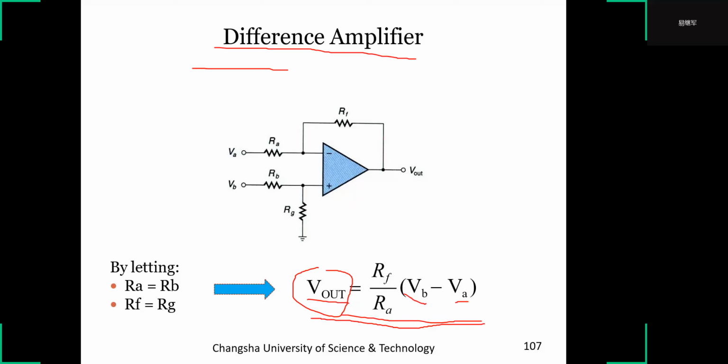So if you give the same signal to VA and to VB, there is no output. When the signal is transferred by the same wire, the noise added on the wire can be subtracted here.